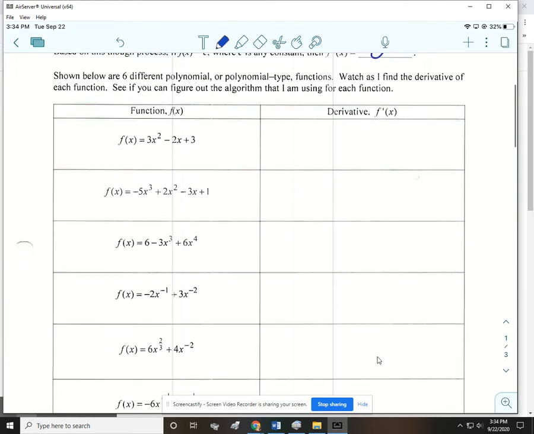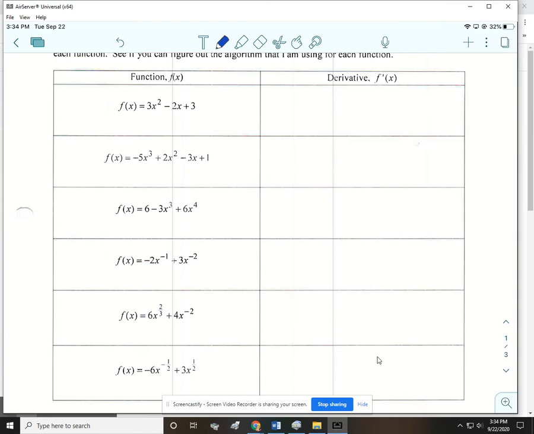Okay, so I'm going to go through these next 6 problems and just do the derivative in my head and see if you can figure out what I'm doing.